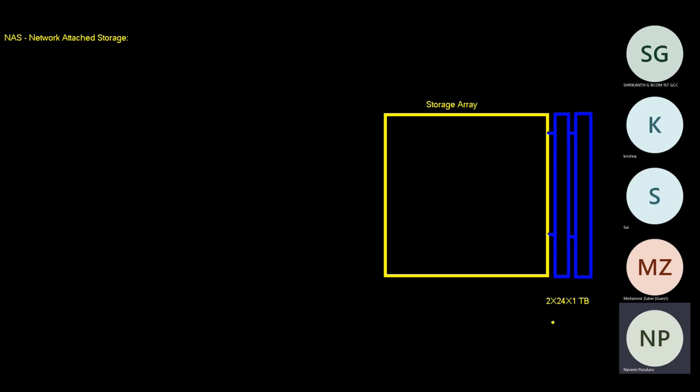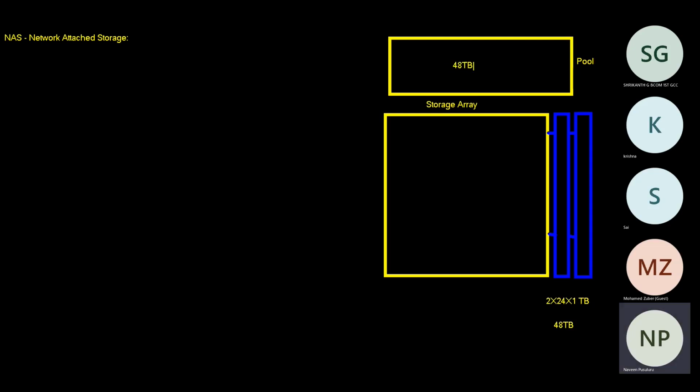So the total is 48 TB. By combining all these disk shelves and disks, I'm creating a pool. So the total pool size is 48 TB.